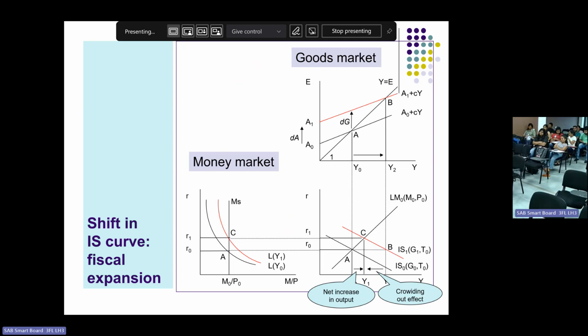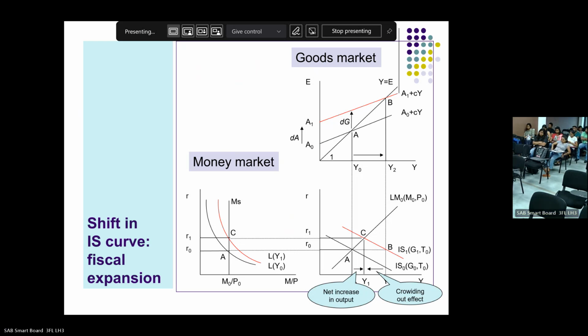Now, if you look at this, due to this adjustment, we know that the interest rate increases up to R1, let's say Y2, right? We may move from here to here.